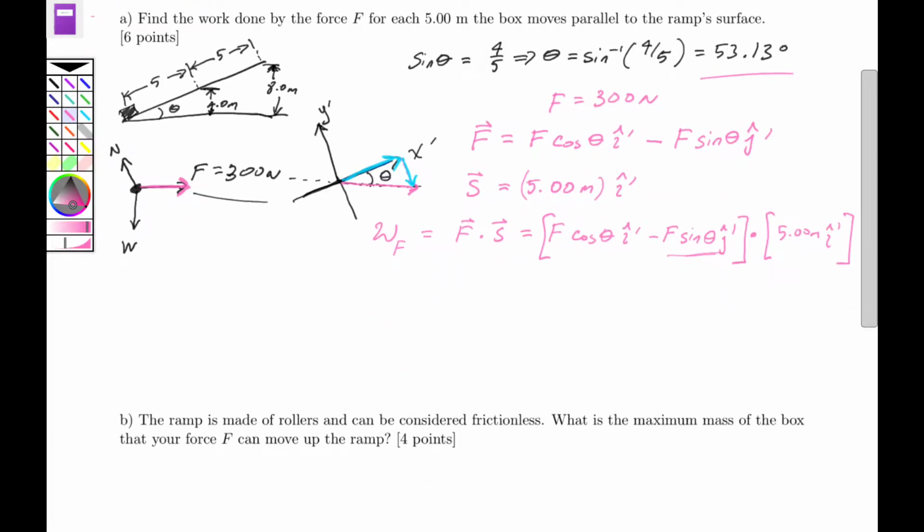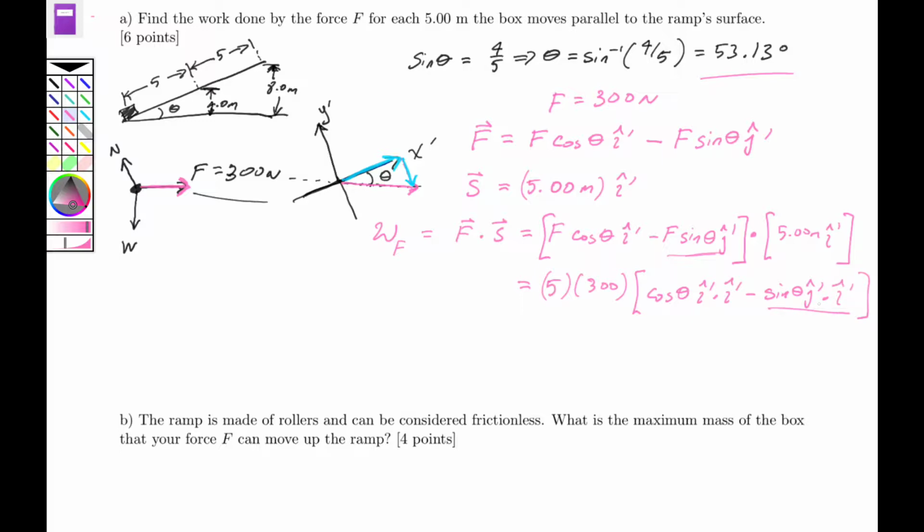So this is 5 times 300, leaving off the sig figs and units for a minute, times cosine theta i hat dot i hat minus sine theta j hat dot i hat, with the primes.